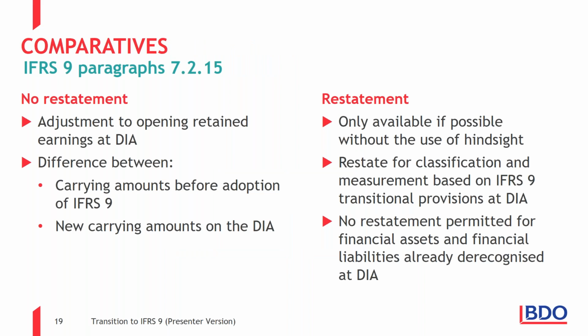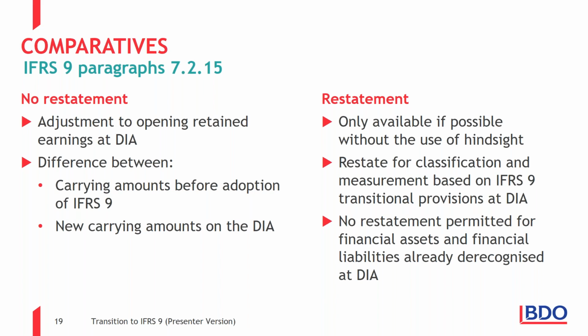So a bit of information around no restatement and restatement, and I've tried to put them next to each other to get a bit of a comparison. So if we're not going to restate the comparatives, it means we'll be adjusting opening retained earnings at the date of initial application. And with what amount will we adjust opening retained earnings at the date of initial application?